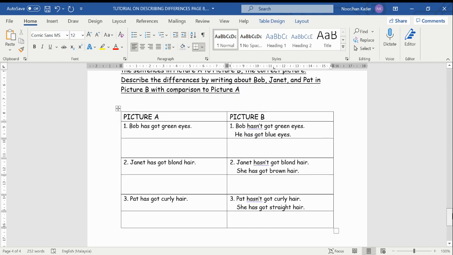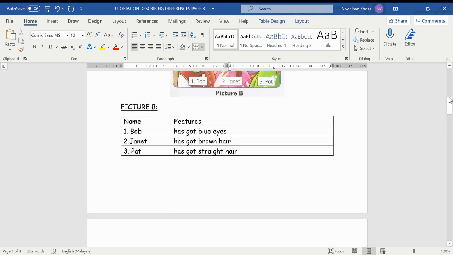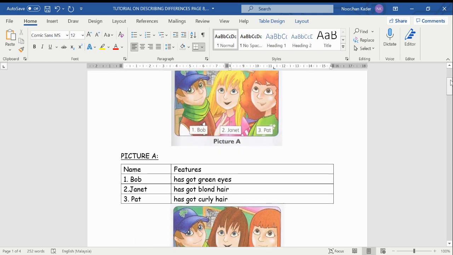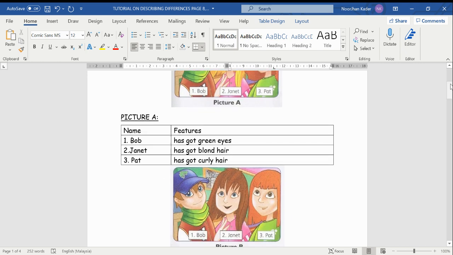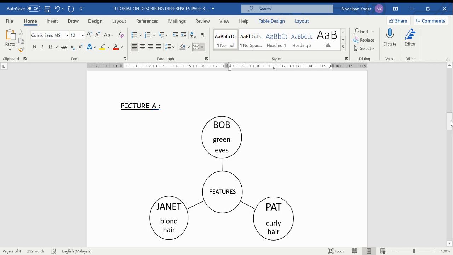So that's all for today's lesson. We have done 3 or 4 parts. First, we described picture A and picture B. Then we transferred that information into bubble maps.